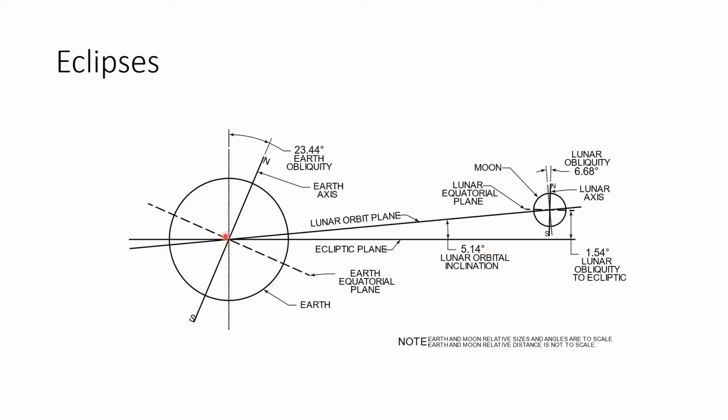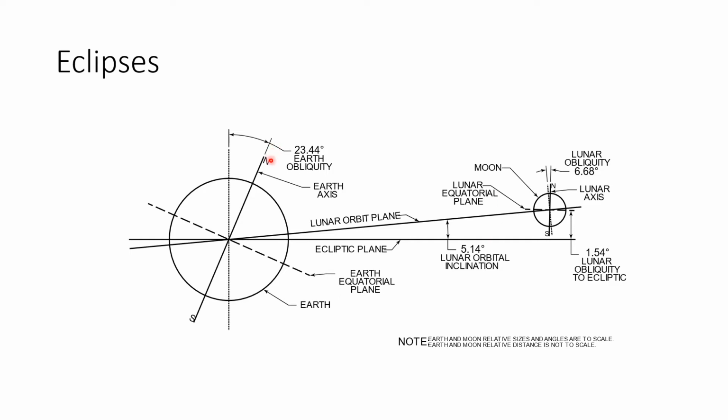Okay, so this is the Earth relative to the sun, but this is the moon relative to Earth. The orbital plane of the moon is oriented 5 degrees from the ecliptic. So the moon is not lined up with everything, right?